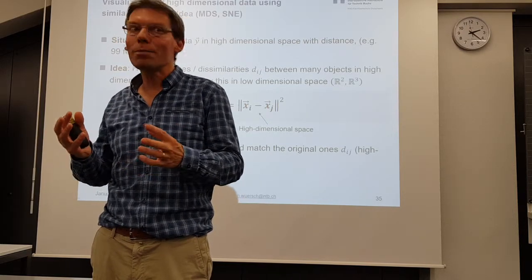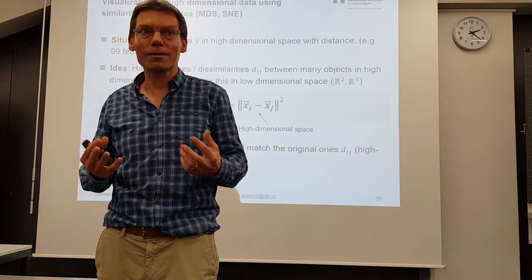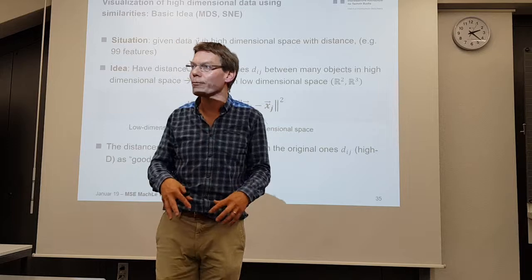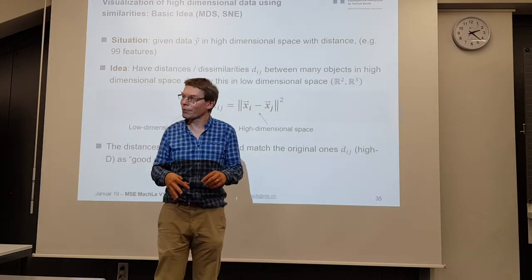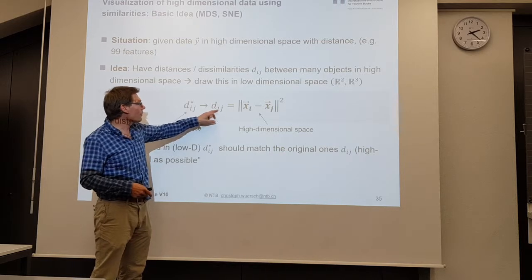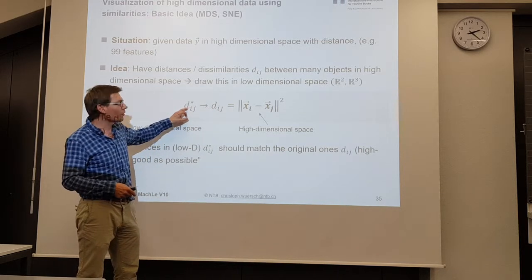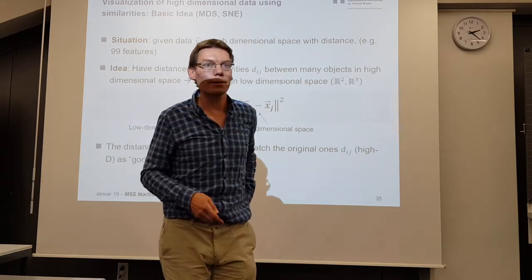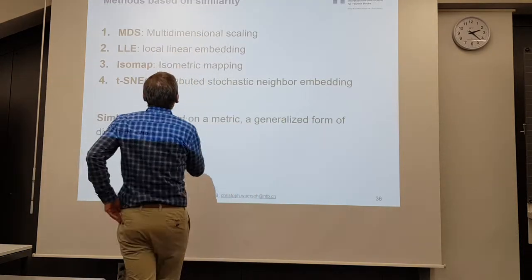That's the idea, keeping the distance information constant, so that the separation even in a lower dimensional space is the same. It's not always possible, but it's quite a good approach. And there are now different methods how to do that.